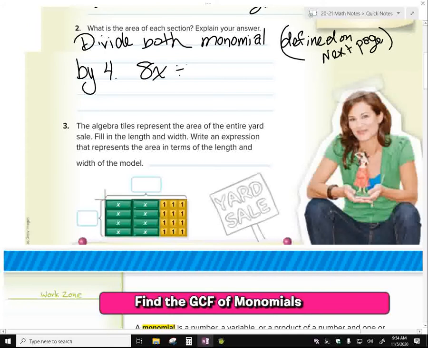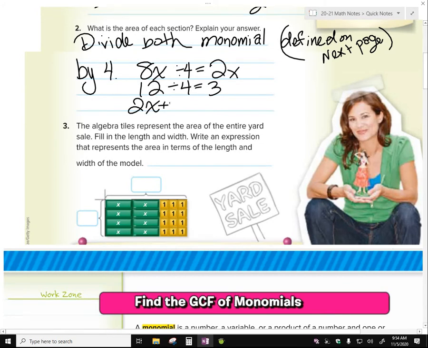Eight x divided by 4 is equal to 2x. Twelve divided by 4 is just 3. So each section is 2x plus 3.